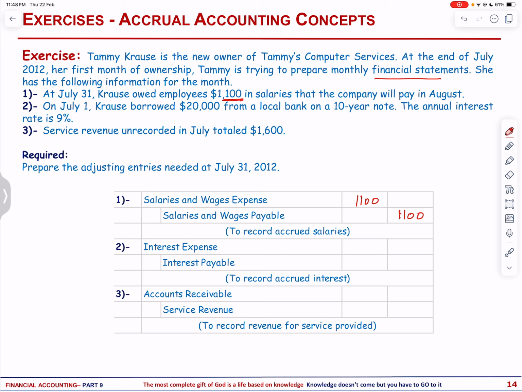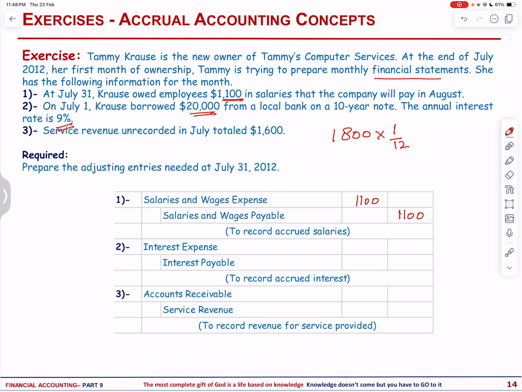On July 1, Cross borrowed 20,000 from a local bank. The annual interest rate is 9%. So 9% of 20,000 will be how much? Will be 1,800, and then this is for 1 month, so we have to divide by 12.